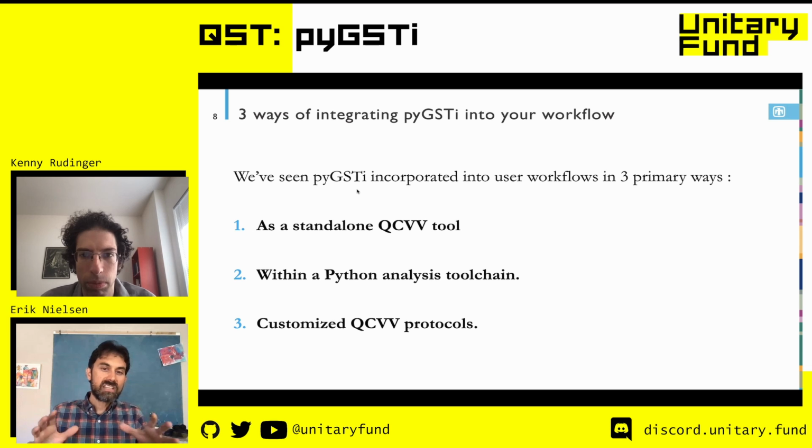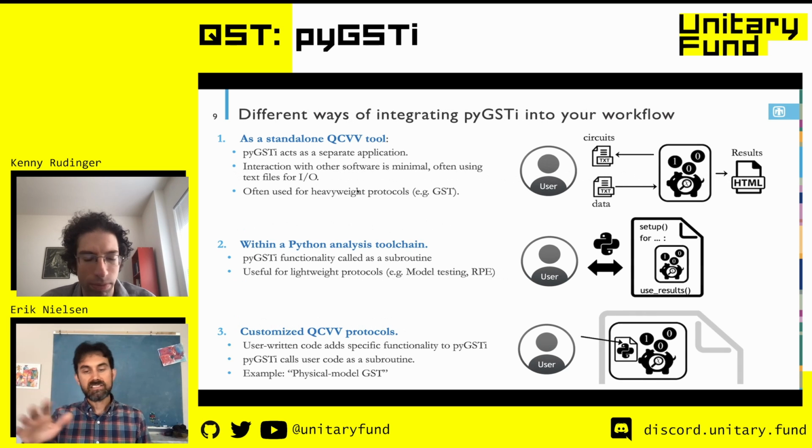And the third is using it in a very customized way to almost make a custom QCVV protocol, if you will. I'll refer to each of these as different use modes, and we're going to look at three different use modes and give examples of each in the following slides. First, I want to expand upon each of these a little bit and draw your attention to the diagrams on the right of this slide.